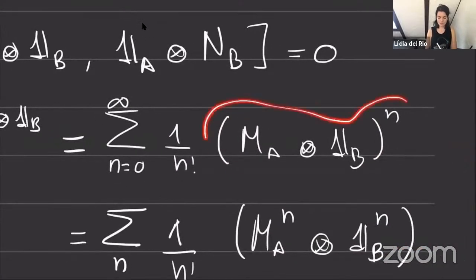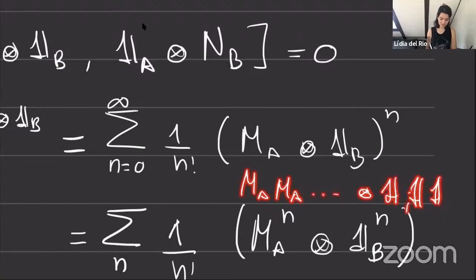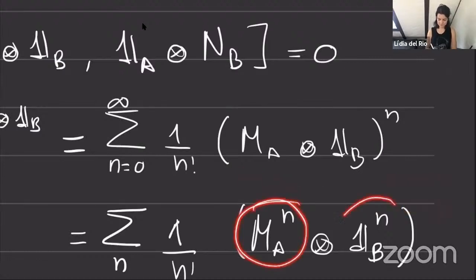So we solve this exponent first. This is just M_A tensor the identity times M_A tensor the identity, and so on, n times, which means that you have all the M_A on one side, tensor all the identities on the other side, okay? So that's what we have here.